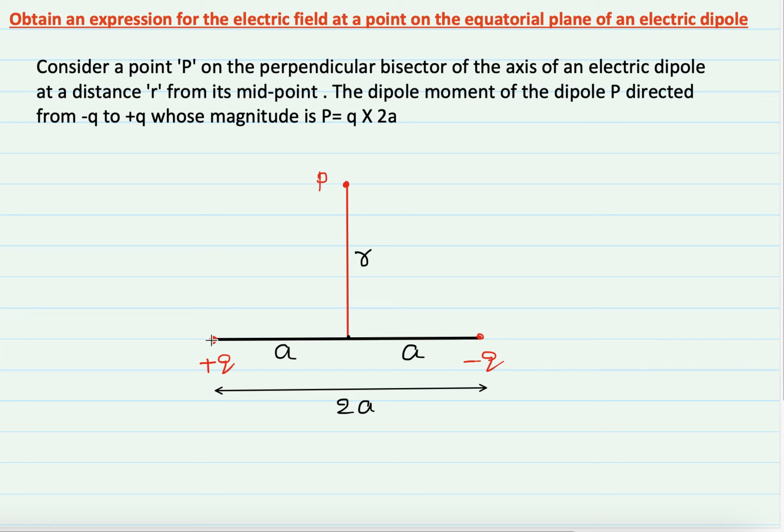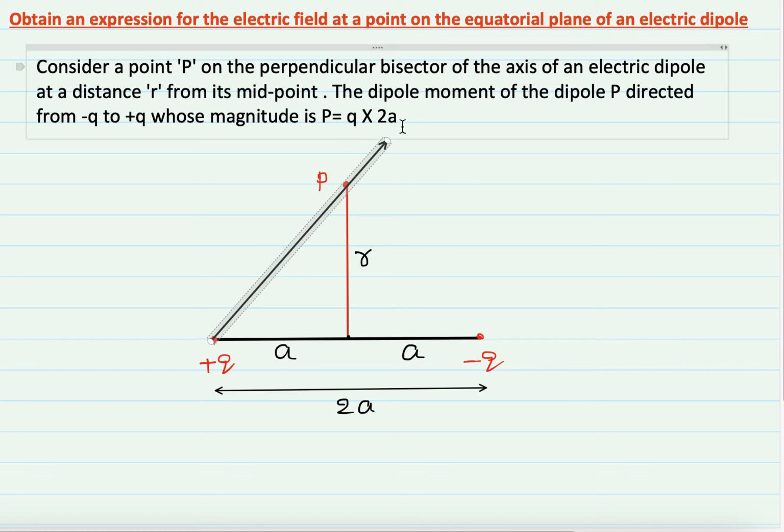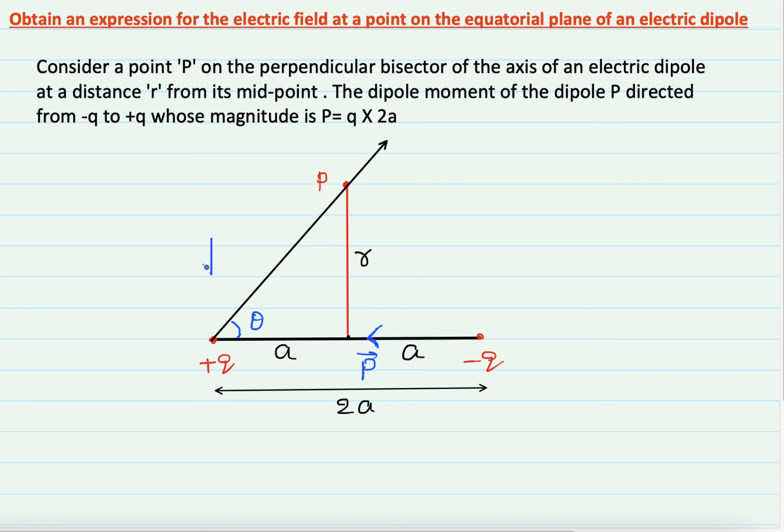Due to positive charge the direction of electric field lines is always radially outwards. Now here the direction of electric field is making an angle theta with the direction of dipole moment p bar. And what is the distance from positive charge to point P? By using the Pythagoras theorem, it is root over r square plus a square.